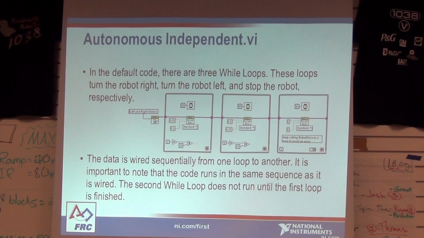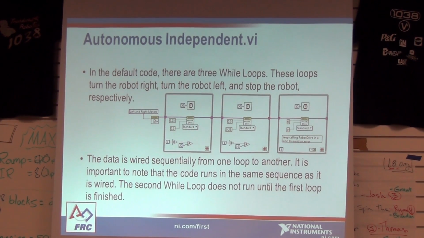It's forcing data flow because I'm wiring from this loop to this loop. And then from this loop, this is going to execute, and then I have a wire going from this loop to this loop. If this is not here, you'll have something bad probably happen.